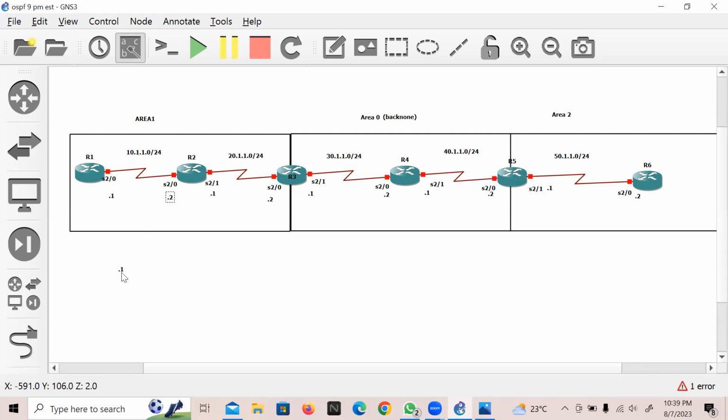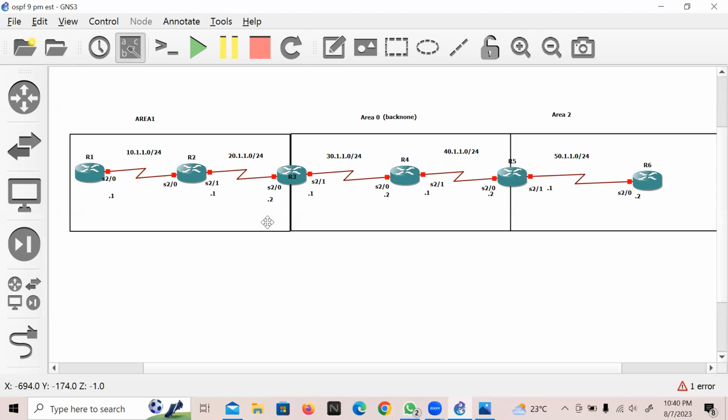Okay, it's done. Point one, point one, point one, 20.1, 20.2, 30.1, 30.2, 40.1, 40.2, 50.1, 50.2. Yeah, it's done. So it's just the IP address I'm writing in the form of point one. Suppose that 10.1.0. So I'm writing here 10.1.1.